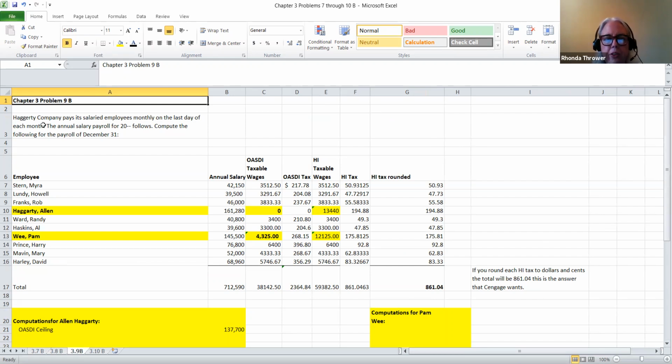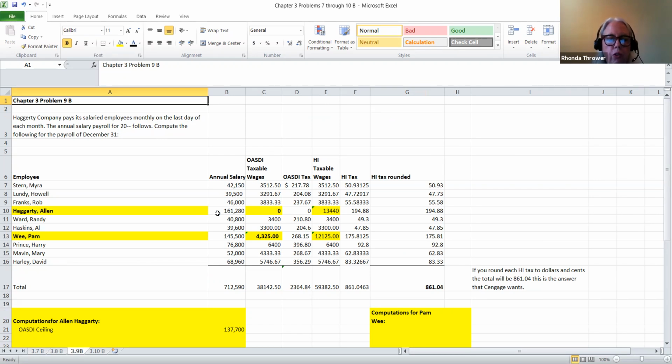we're going to be the Haggerty Company, and we're paying our salaried employees monthly on the last day of each month. And the annual salary for this year is as follows. They gave you the annual salary amounts.